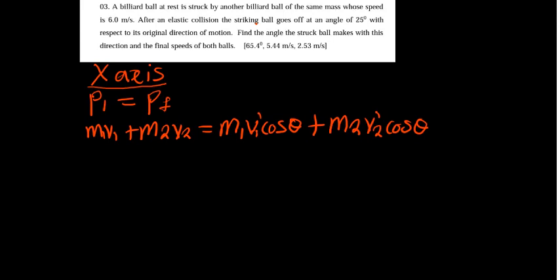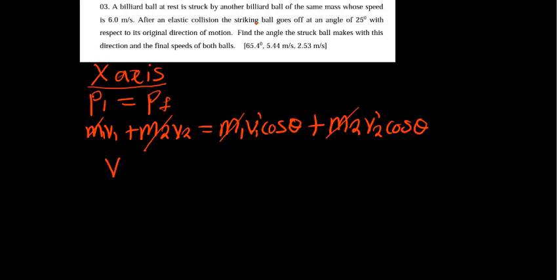In the question we've been told that the mass was the same for the two balls. Therefore we can cancel out the masses in order to simplify our equation and make our life easy.